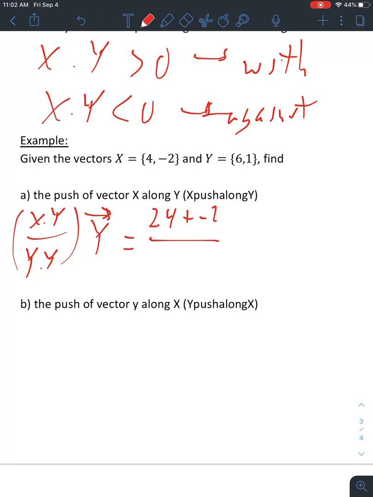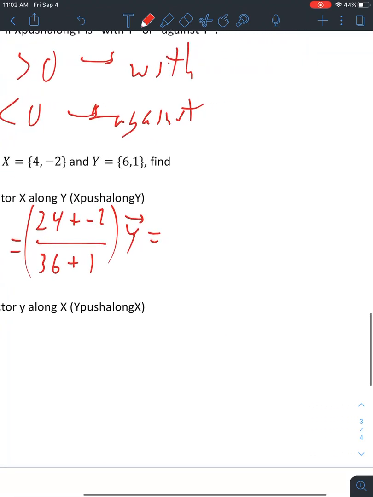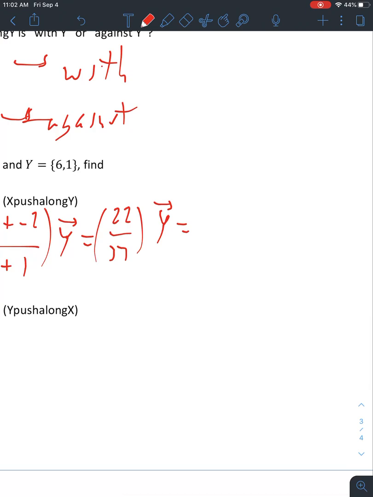Y dot y would be 6 times 6 plus 1 times 1, all times the vector y. And just simplifying that, we get 22 over 37 times the vector y. So that would be 22 37ths times 6, 1. So that vector right there is x push along y.